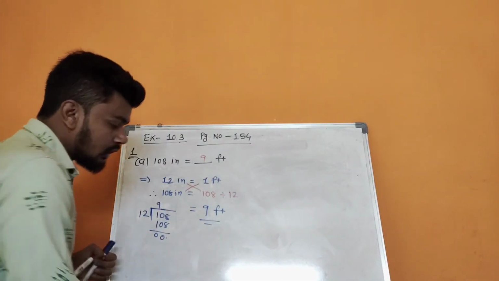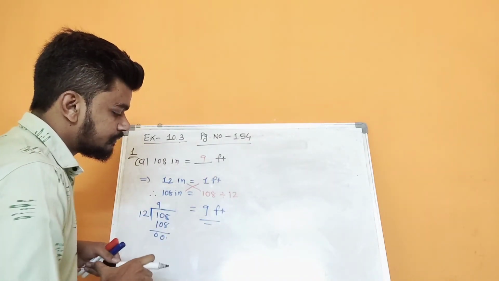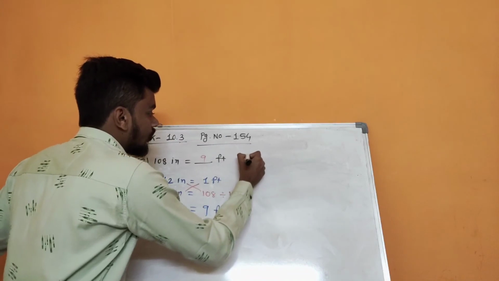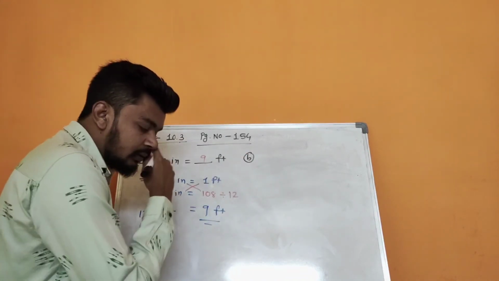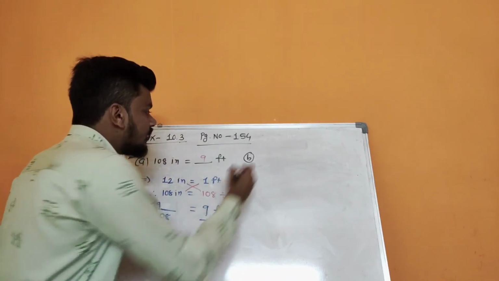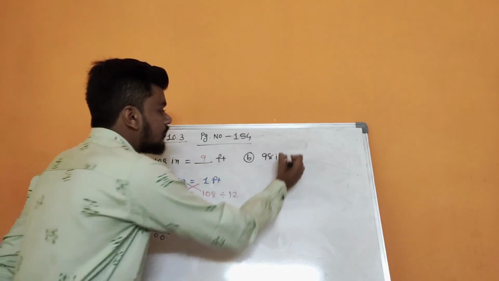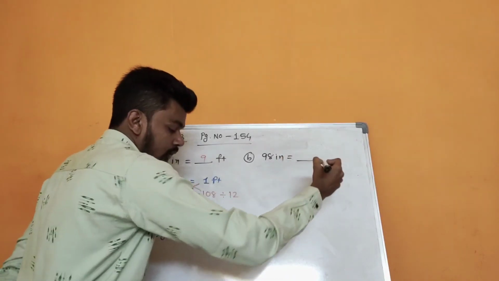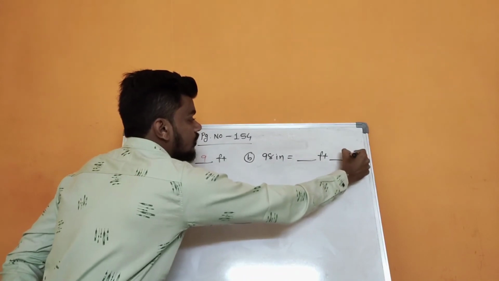Okay, now question number B1. The B1 question is like 98 inch is equal to how many foot and how many inch.